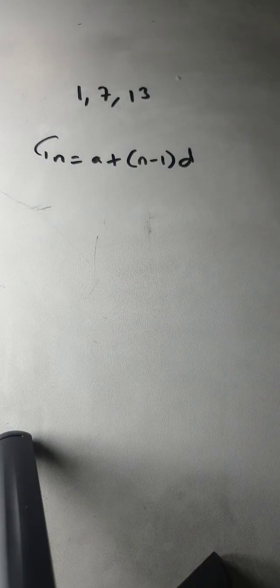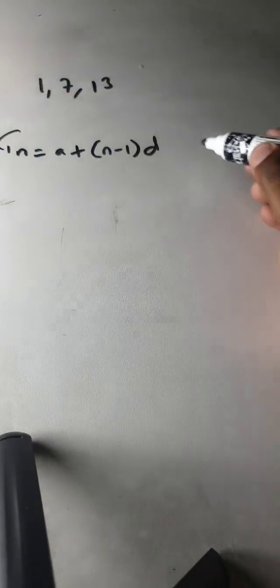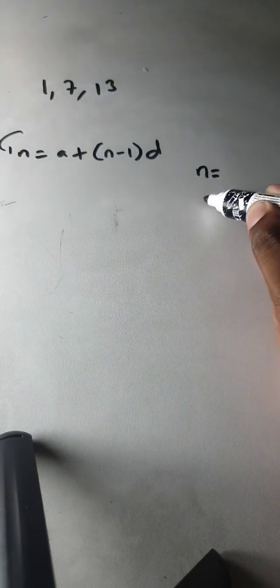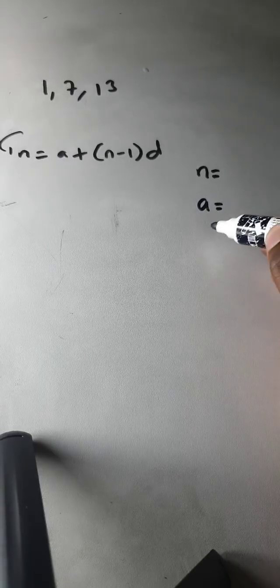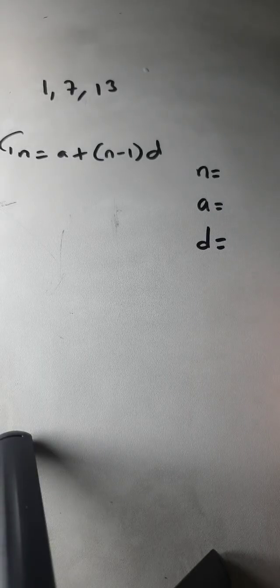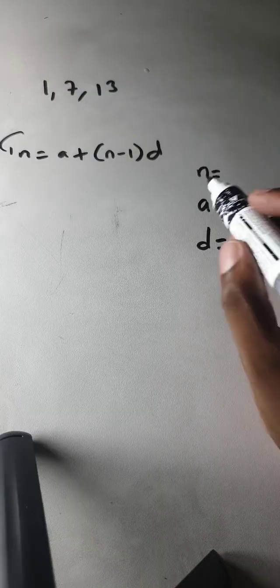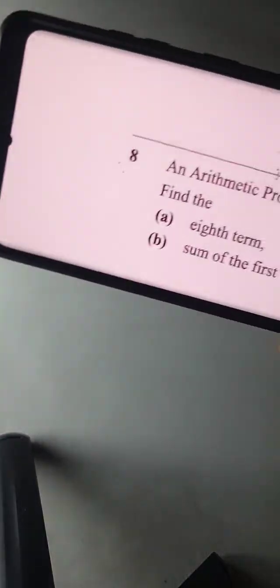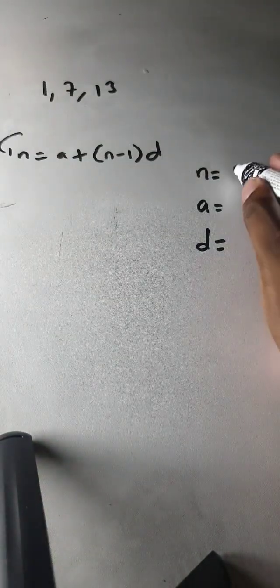We need to identify what n is, what a is, and what d is. n is the number of terms, so the number of terms is 80th, right? So n is 80.